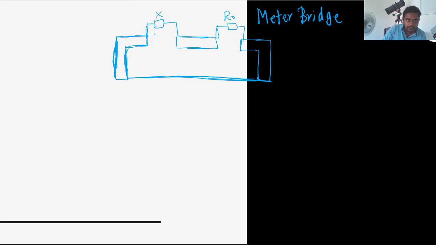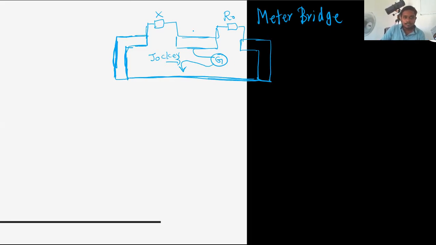This one I'm taking as X. Another thing in the meter bridge, we have a galvanometer connected here, and it has a jockey. A jockey is a key made out of metal in order to get the correct position or the correct value of the resistance.